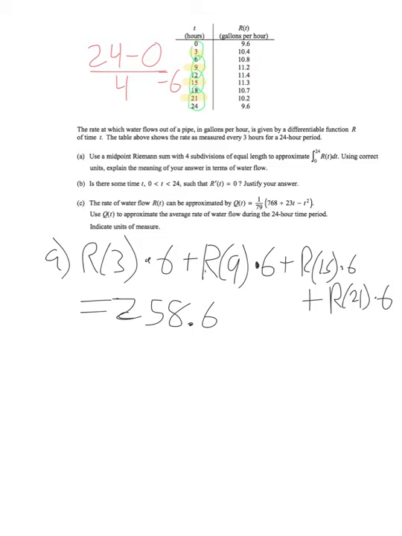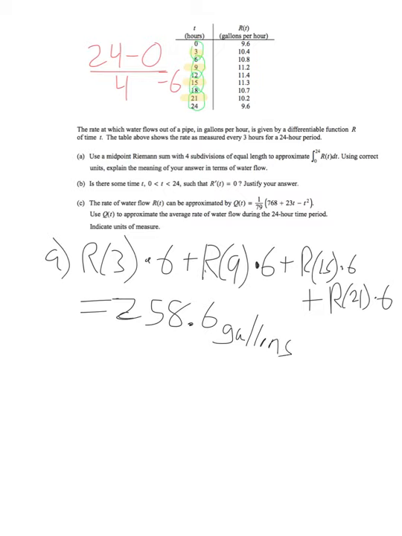Now, let's think about the units and what this actually means. Because my R of t is in gallons per hour, and my t, which is 6 here, is in hours, I have gallons per hour times hours, which is just going to give me gallons. And what does that mean?